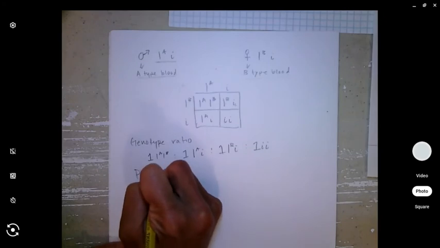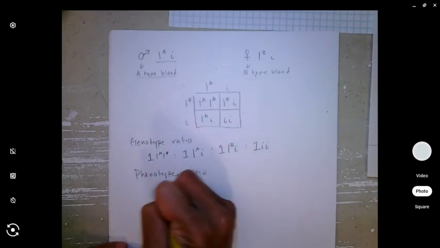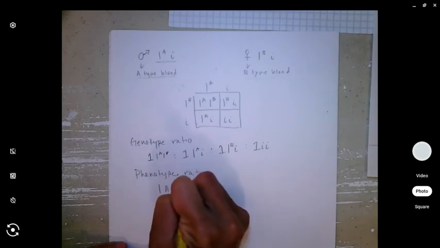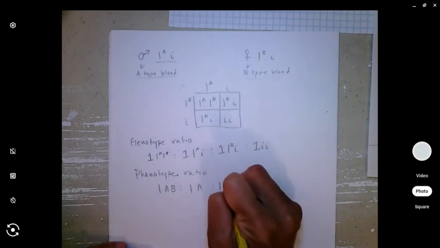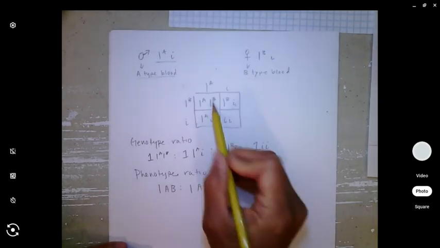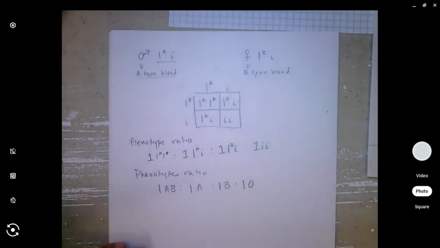Phenotype ratio would be 1 AB blood to 1 A type blood to 1 B type blood, and 1 O. So this is AB, A, B type blood, and O. Okay, so that's that.